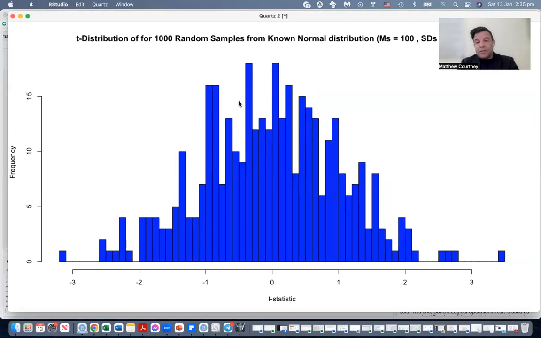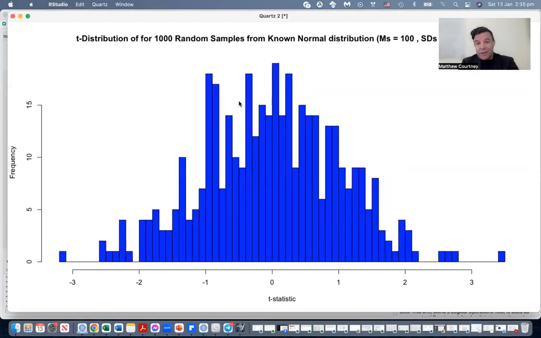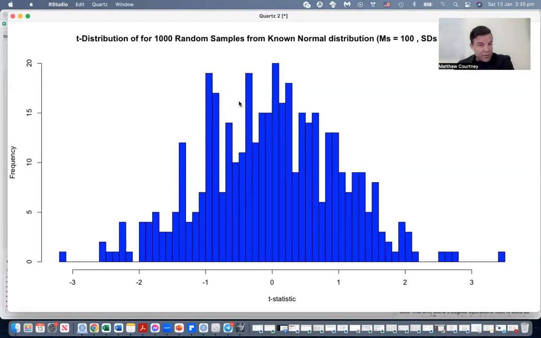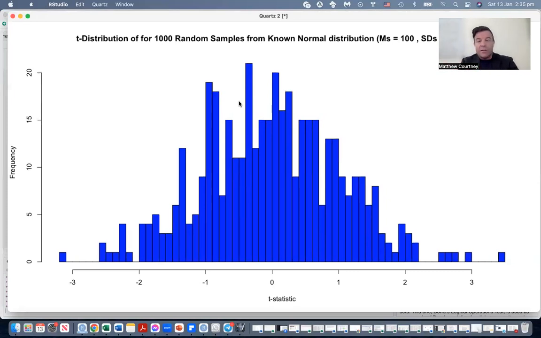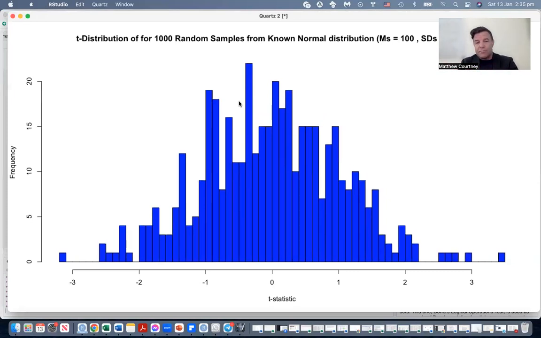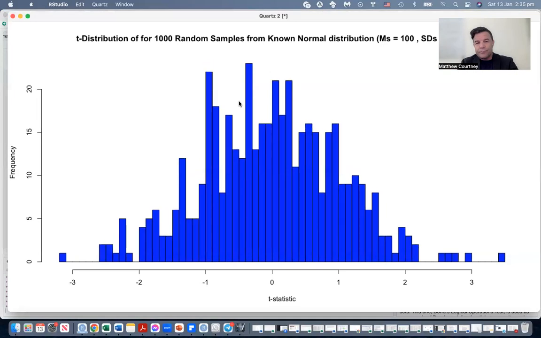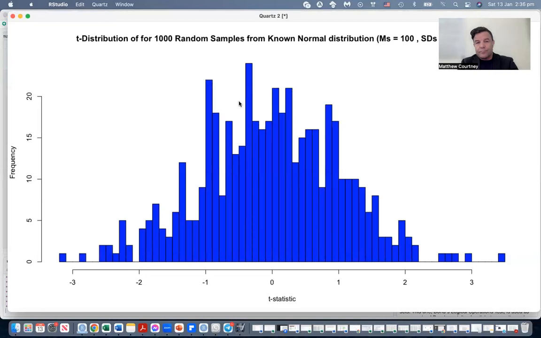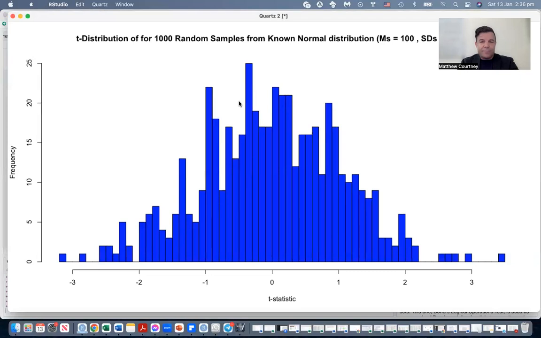So we can see this profile of potential outcomes, given the assumption that there's no difference in the population, emerge. Okay, shouldn't be too much longer. This is 1,000 replications.